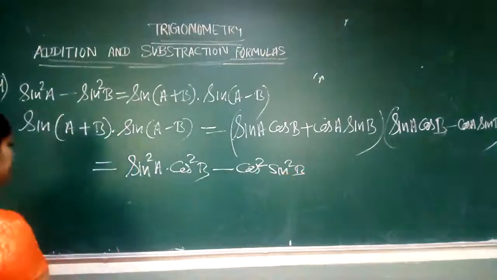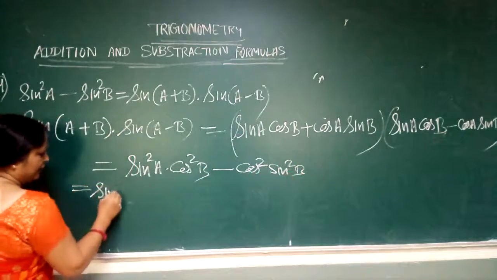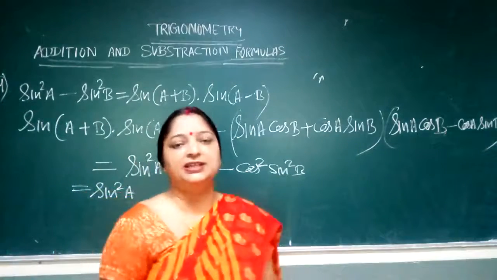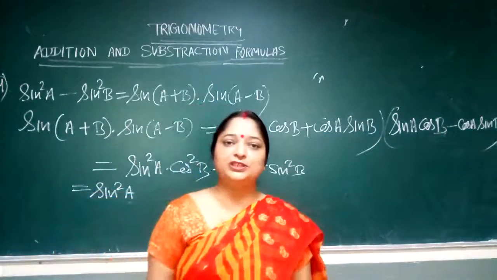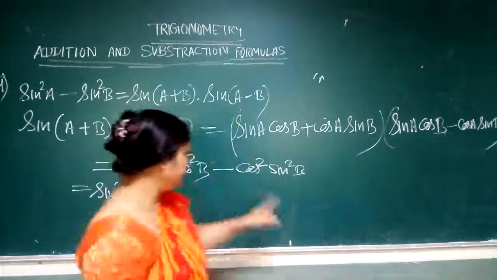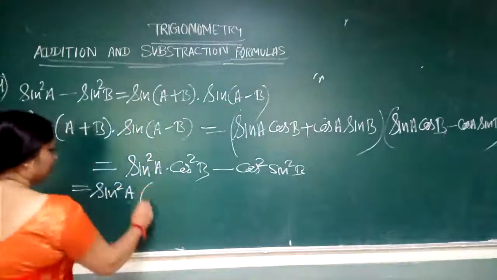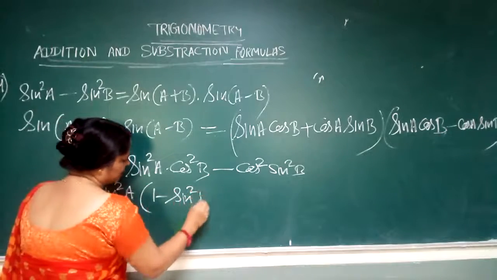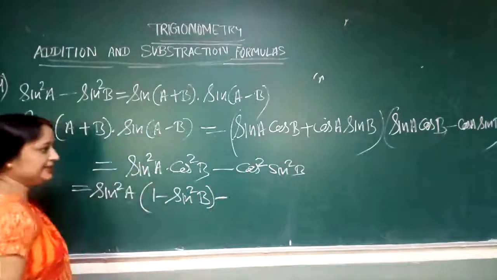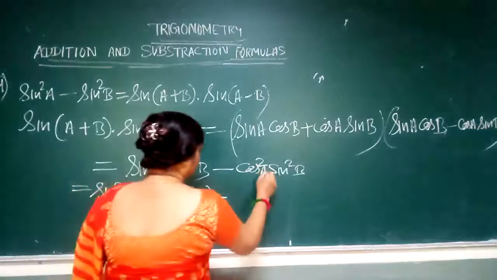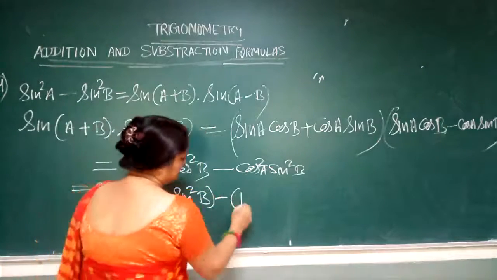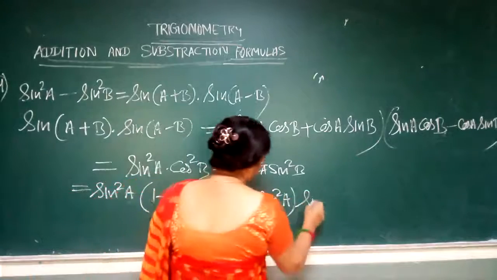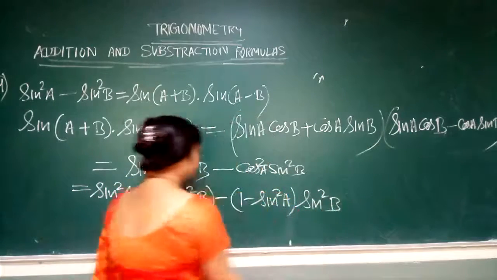Now student, we know that sin square theta plus cos square theta is equal to 1. So we will change this term in sin. What is the value of cos square b? That is 1 minus sin square b. Here cos square a, we will also change this term in sin, so 1 minus sin square a into sin square b.